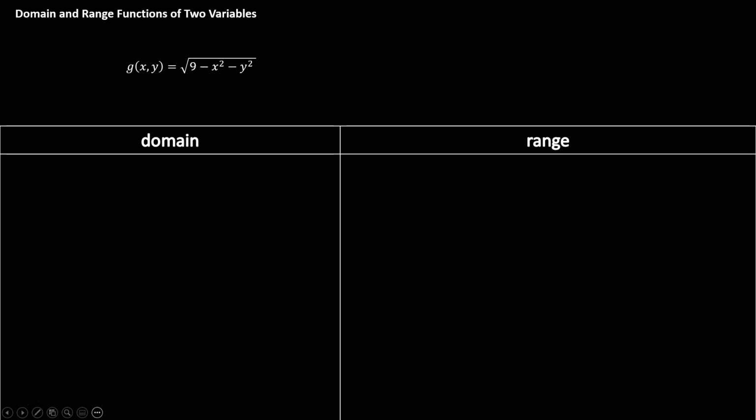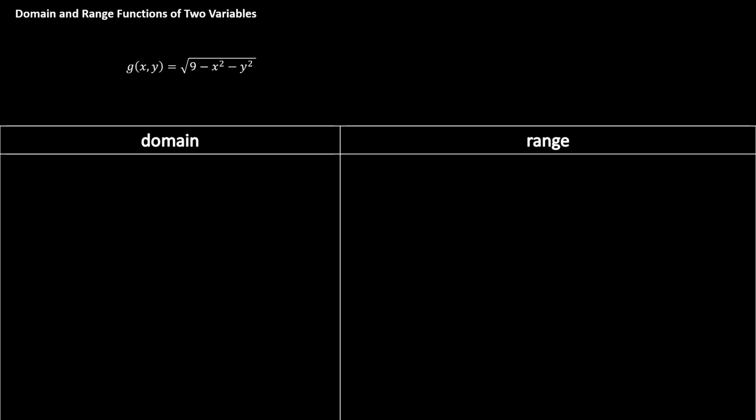Now let's take a look at a multiple variable function. In this case, the function name is g. It takes in the variables x and y. And the definition of the function says square root of 9 minus x squared minus y squared. Now, we're going to have to use some of our knowledge about functions.